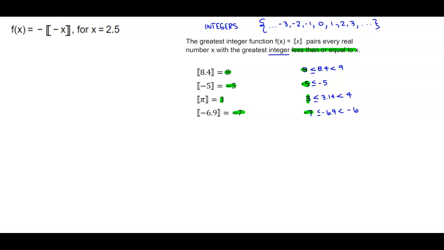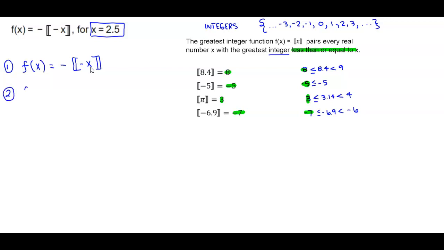Now let's take a look at our example here. It's telling us that we want to find f of x, which is equal to the negative of the greatest integer function of negative x. You notice here that x is equal to 2.5.